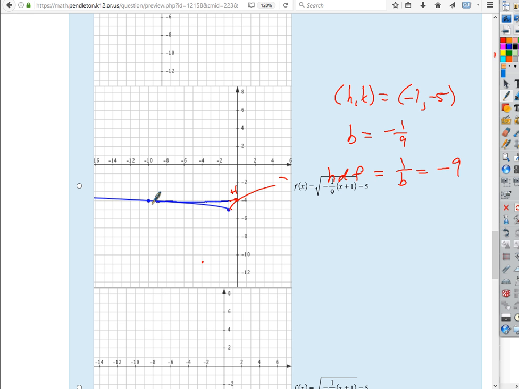Our final horizontal distance is -9. So final value divided by initial is -9/1. That's our dilation factor, isn't it? So it did what we expected. It flipped it and stretched it by a factor of 9 horizontally. If you can do that one, I think you can do any of them.